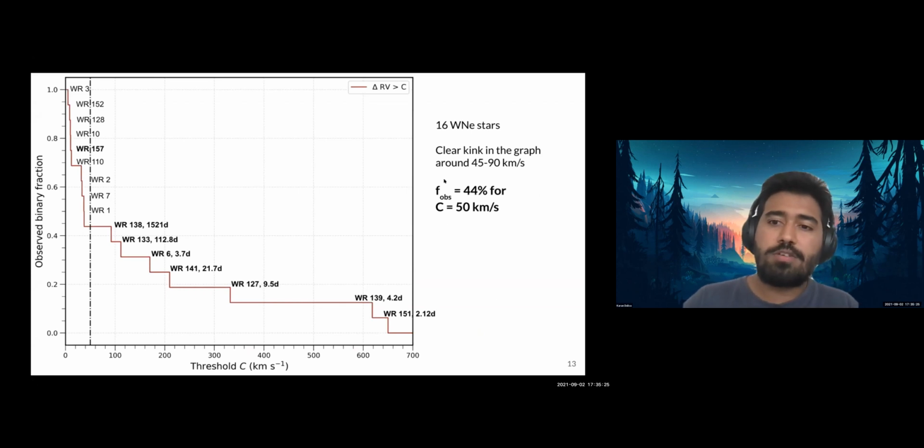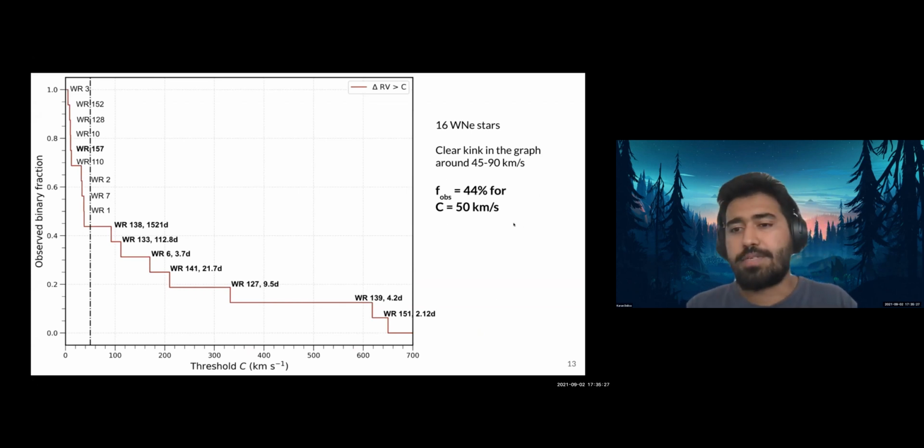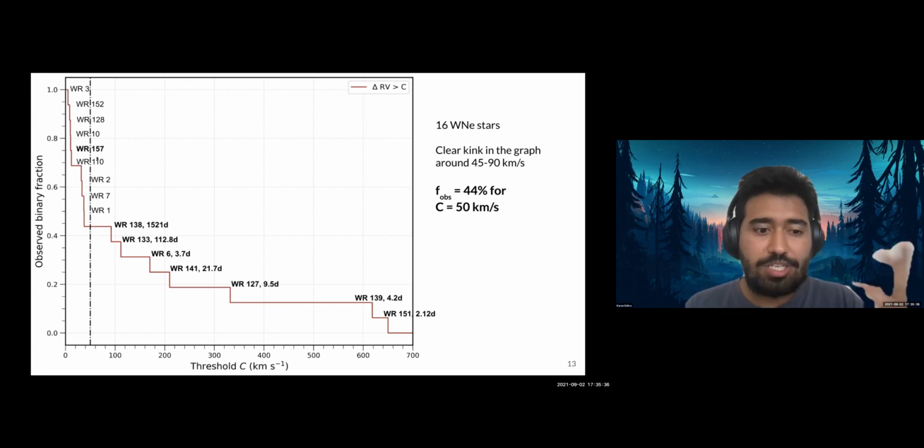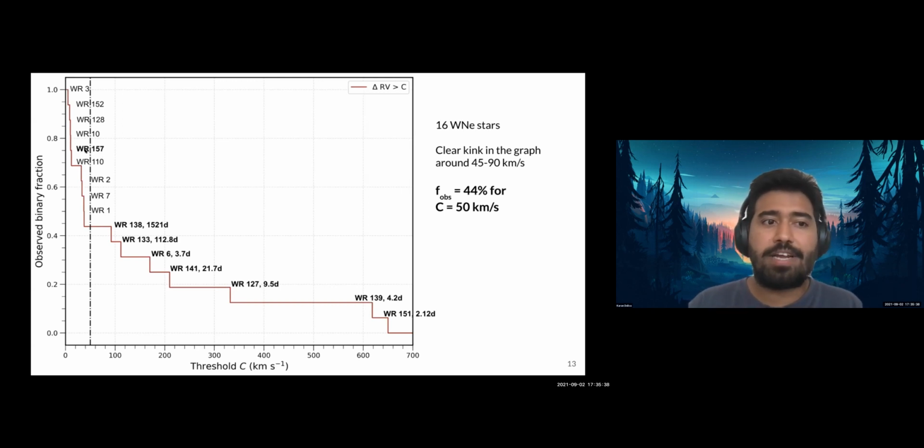We find a lower observed binary fraction, 44%, and we even have one hierarchical triple system, since Sylvia was mentioning triples. So we have a Wolf-Rayet in a wide orbit with an OB system.